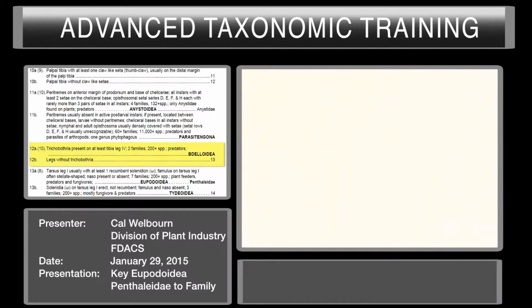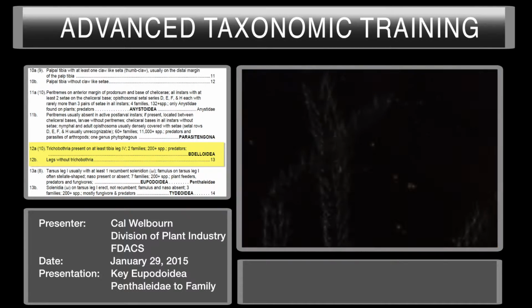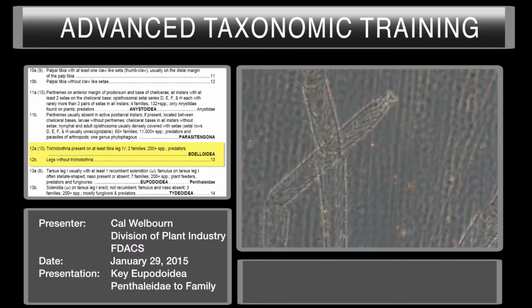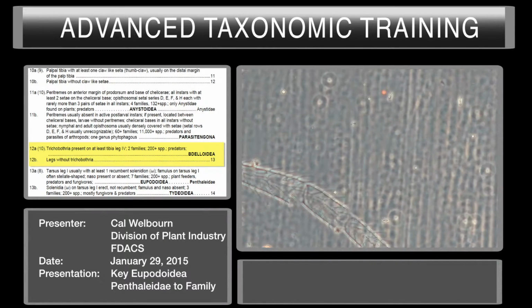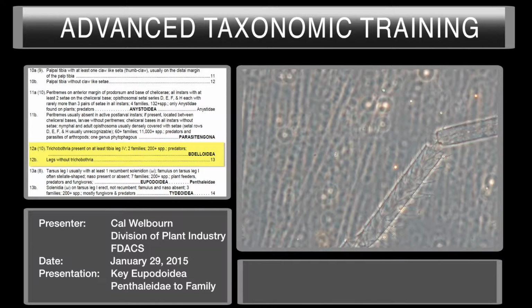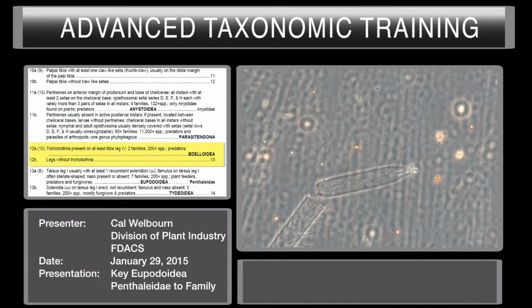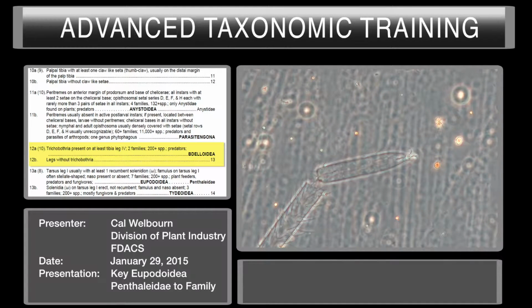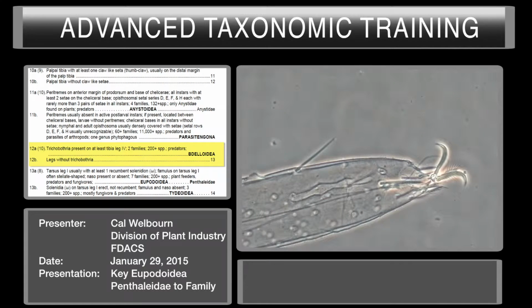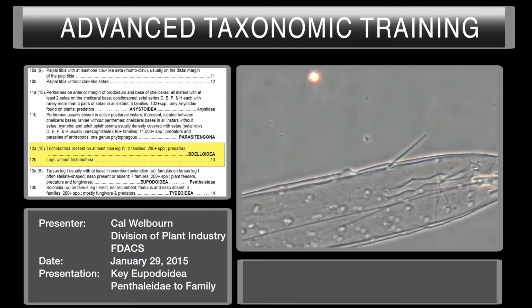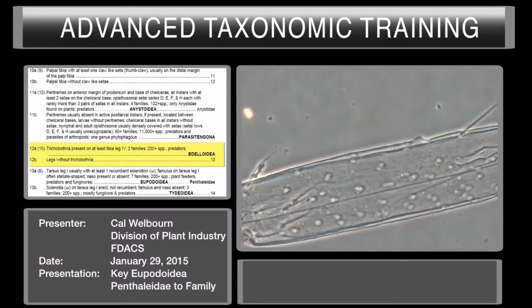I'll go to a lower power to find my way around here. If there's going to be leg trichobothria, they'll usually be on the tarsus, but you have to check several legs to make sure. All right, this is tarsus leg 1. You can see lots of setal bases.